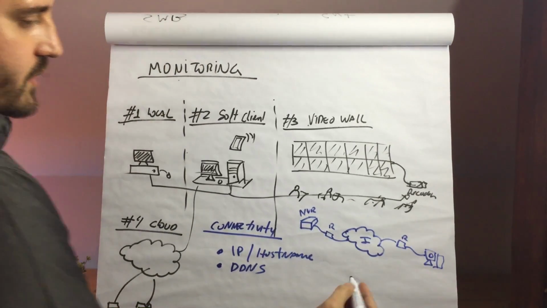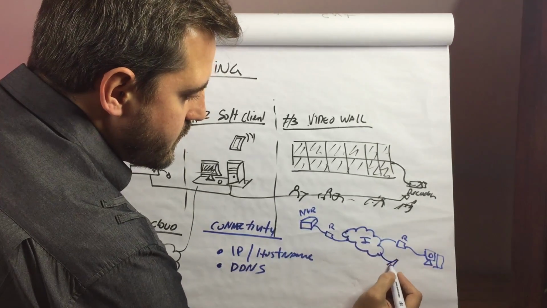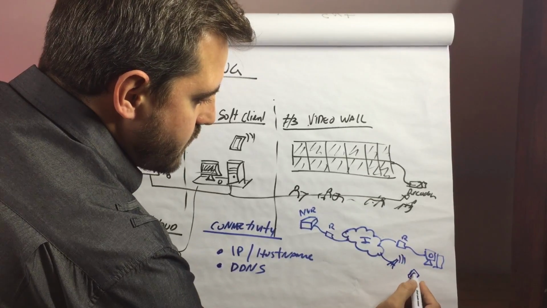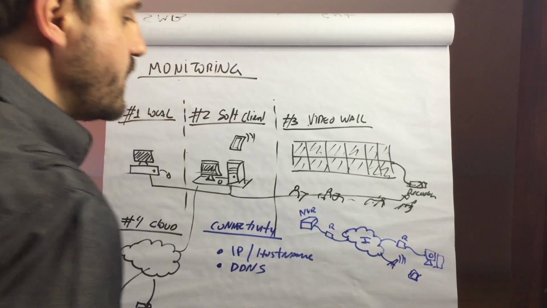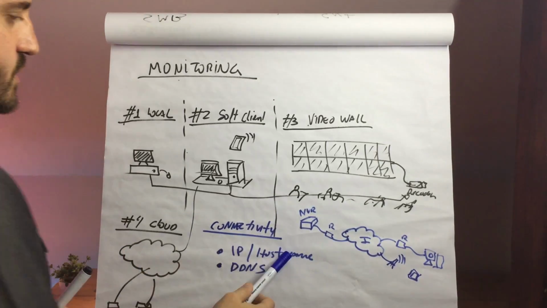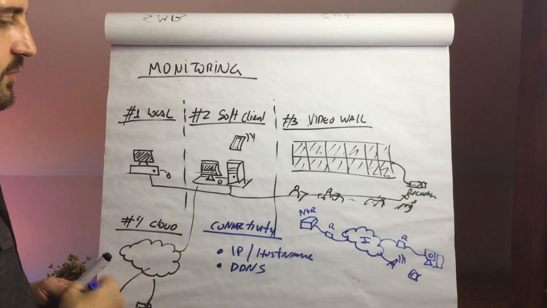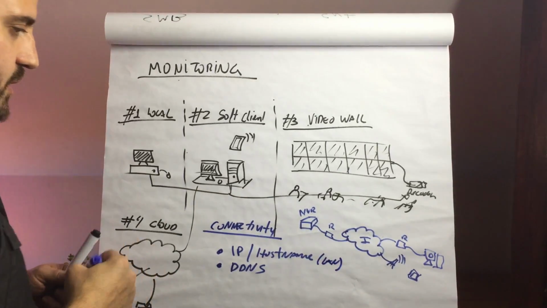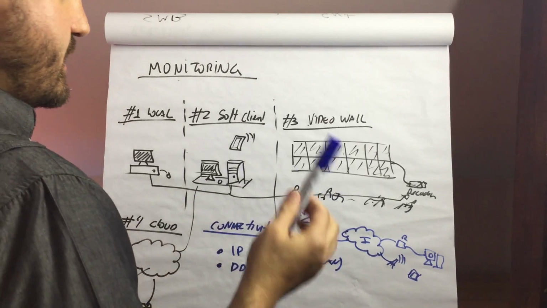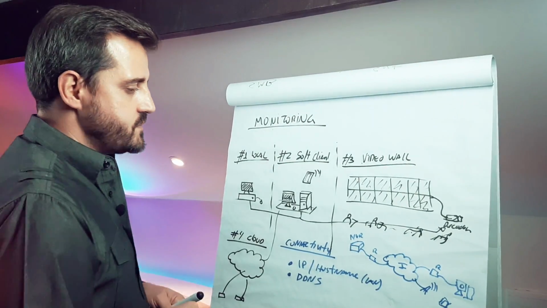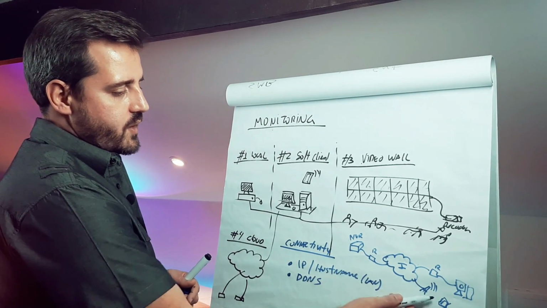And here it's a cellular tower and the mobile phone. When you connect via IP and a host name, it's easy for LAN, for local area networks. But when we're talking about connecting NVRs remotely from other installations, you have this situation here.